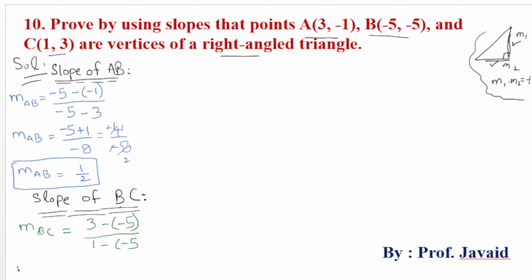Let's make it simpler: slope of BC equals 3 plus 5 over 1 plus 5, so that will be 8 over 6.